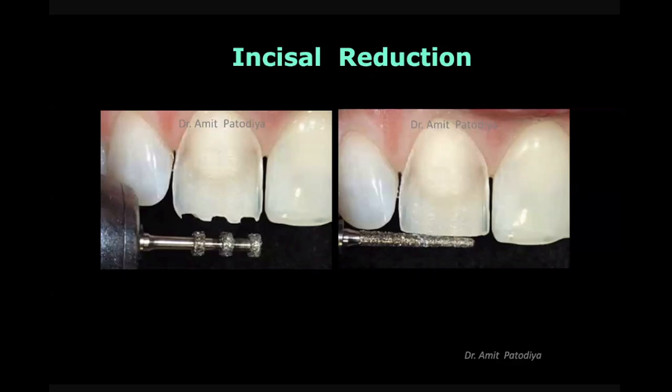Otherwise, I would prefer to use your depth gauge burr so that you know how much you are trimming. Otherwise, you trim excessively, the patient lands up with sensitivity. Instead of a veneer, you end up doing a root canal, you end up doing a crown, and the patient gets spoiled because what you have promised, you are not able to deliver.